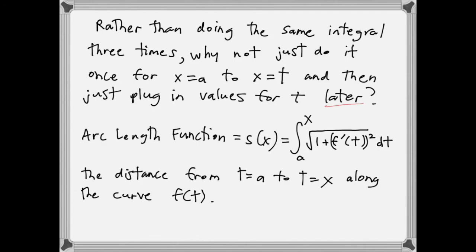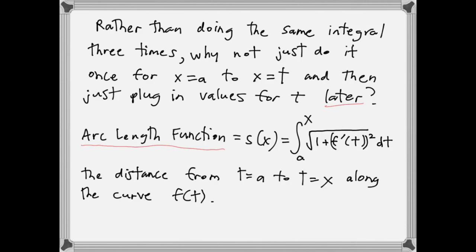So this leads us to something called the arc length function. We use the letter s, so s of x, and this is becoming now the integral from a to x of the square root of 1 plus f prime of t squared dt. Now this should look familiar. This looks just like the arc length formula, except we are not using a b anymore. We're now using the variable x.